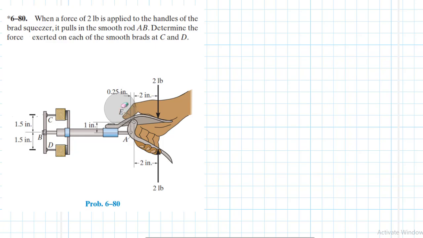Everything remains the same. We are going to determine the force exerted on the brads C and D because the force is coming from this hand, so it means there's going to be a force in this particular frame machine. This is what I've done. Let's solve the problem quickly.